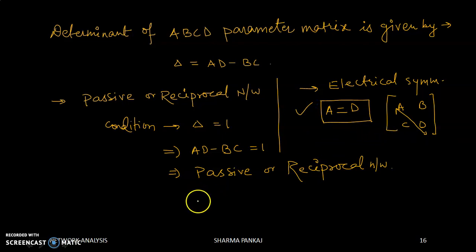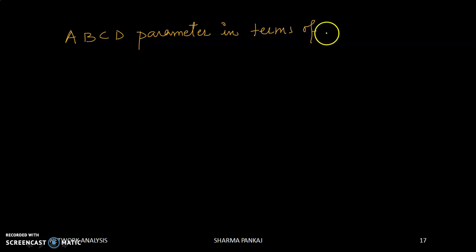Now, ABCD parameters in terms of Z parameters. We have to just know the value of the ABCD parameters in terms of the Z parameters.